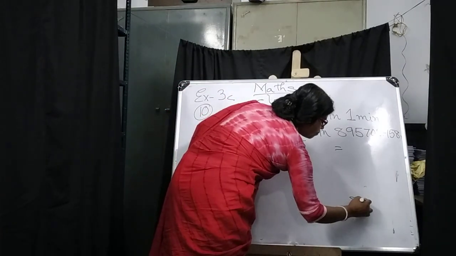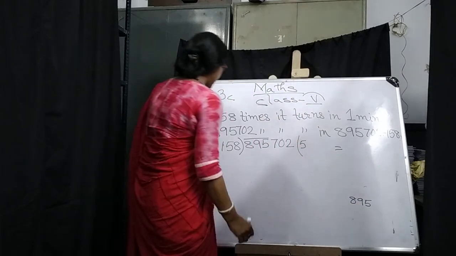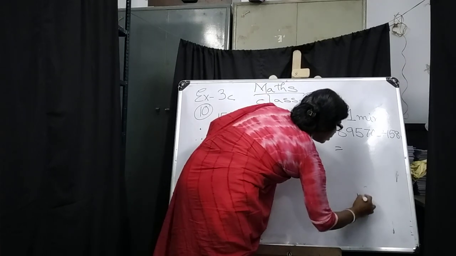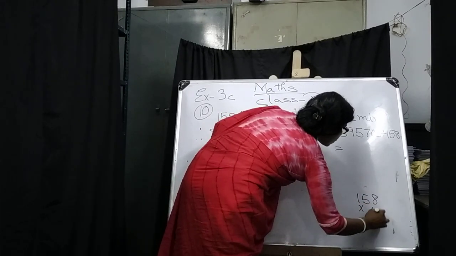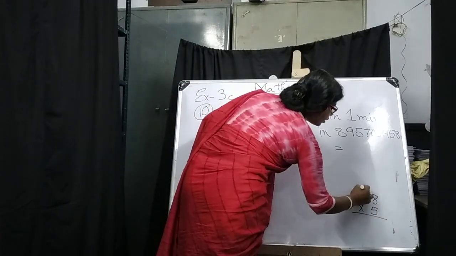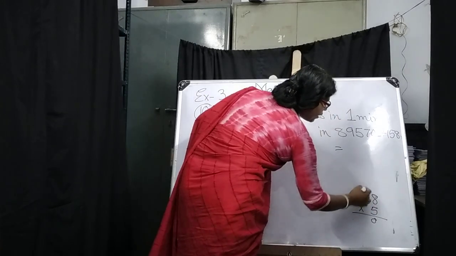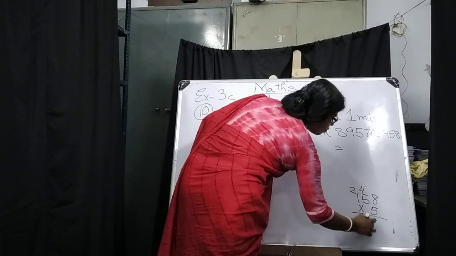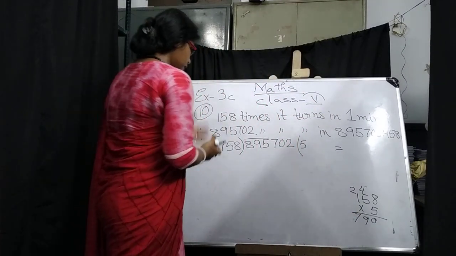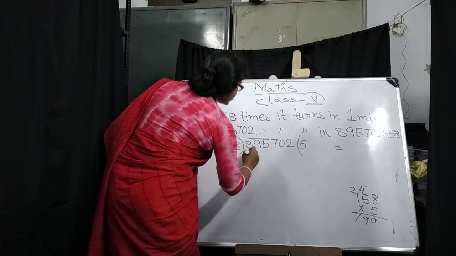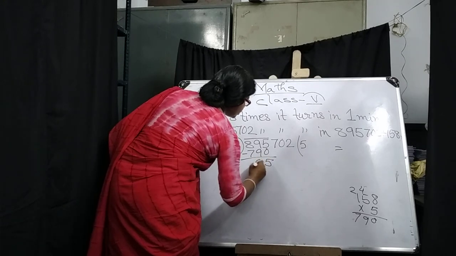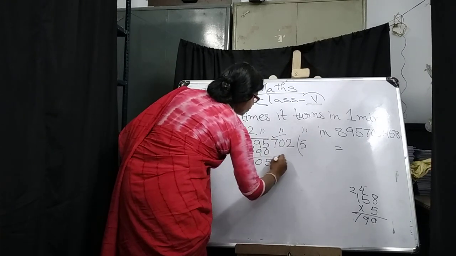In a separate rough place, you will multiply 158 into 5. 8 5s are 40. 5 5s are 25 plus 4, 29. 5 1s are 5, 6, 7, 790. So 158 5s are 790. 501. Now 7 will come down.